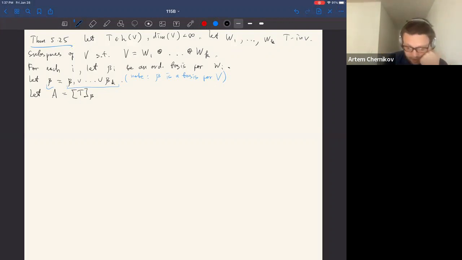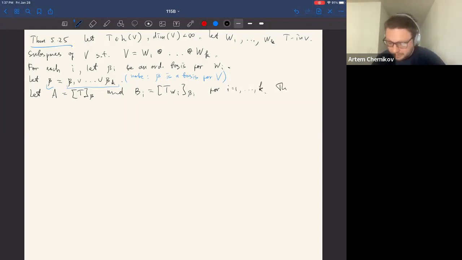Okay, and we can write Bi to be the matrix representing T restricted to Wi with respect to the corresponding basis beta i for Wi. We take this for each i from 1 to k. And then we have the expected result that A is actually the direct sum of the matrices B1 through Bk.